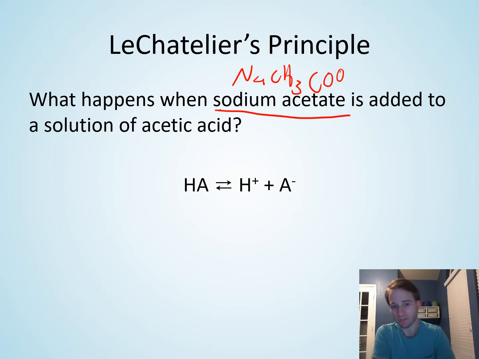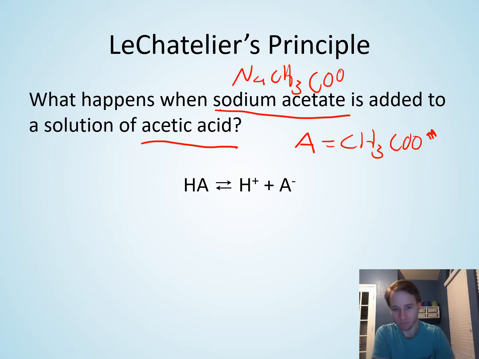Let's now ask what happens if we add this to a solution that already contains acetic acid. So A here is short for CH3COO, for the acetic acid in this example.